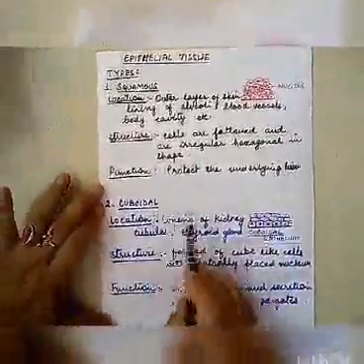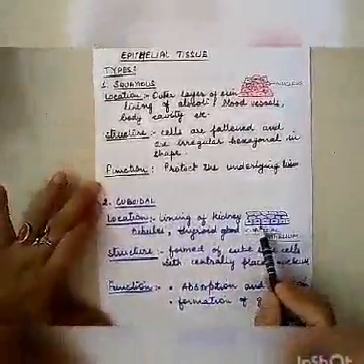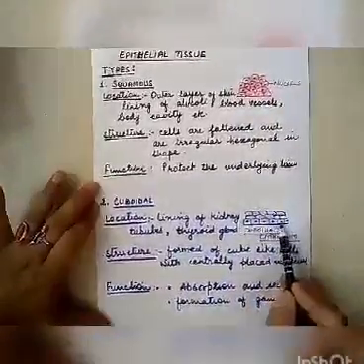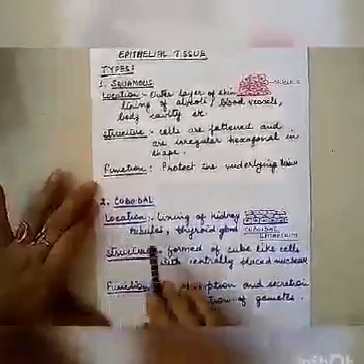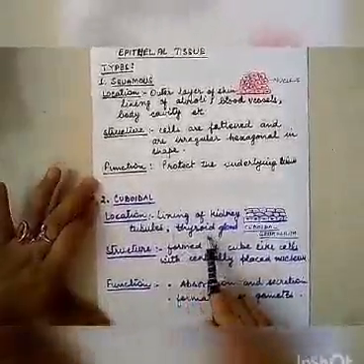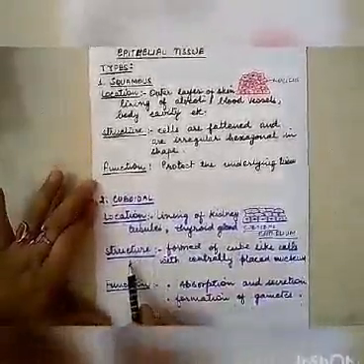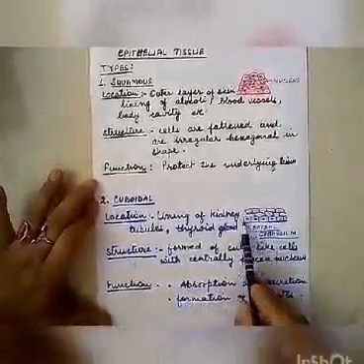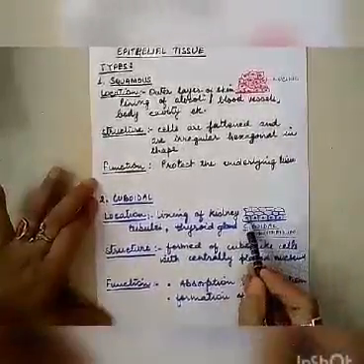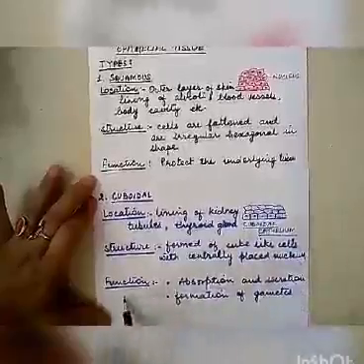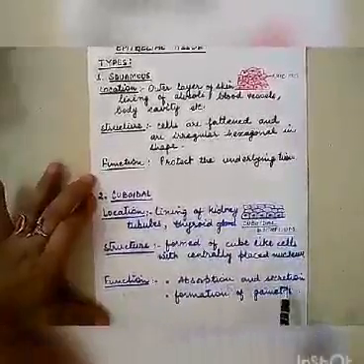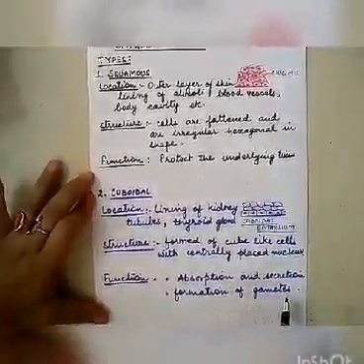Now cuboidal tissue: the cells are cuboidal in shape. Location: you find them lining the kidney tubules and the thyroid glands. Structure: they are tube-like cells with a centrally placed nucleus. Function: absorption, secretion and formation of gametes.